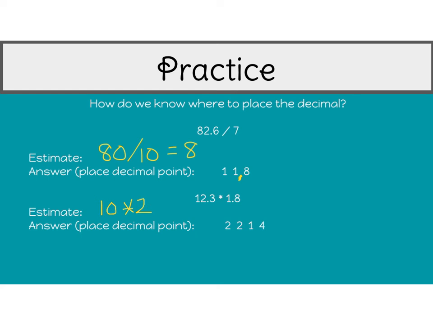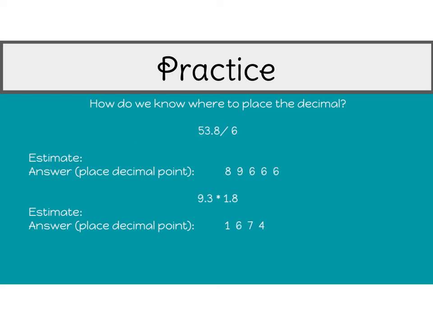So 1 8/10 I'm going to change to 2. So that gives me about 20. So now I know that these are the digits in my answer. Where is the decimal point going to go? The most logical place would be right here, between that 2 and that 1, to make my answer 22 and 14 hundredths.